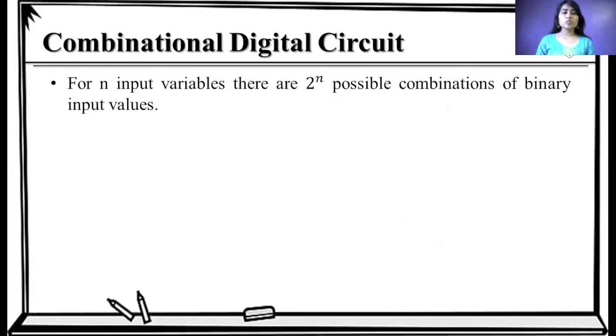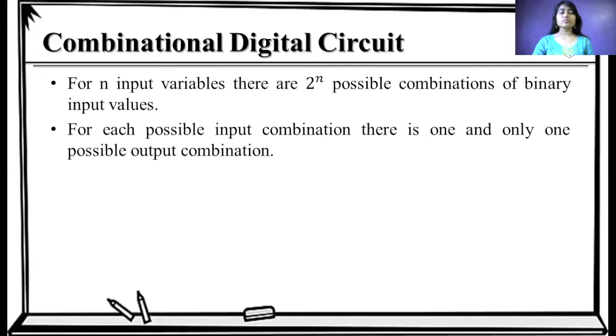For n input variables, there are 2 raised to n possible combinations of binary input values. That means for 4 input variables, we have 2 raised to 4, that means a total of 16 possible combinations of binary input values. For each possible input combination, there is one and only one possible output combination.